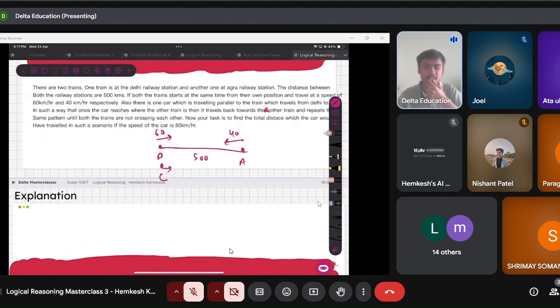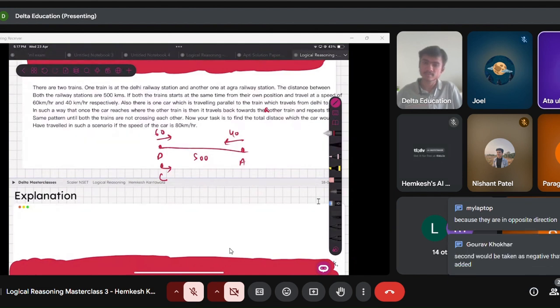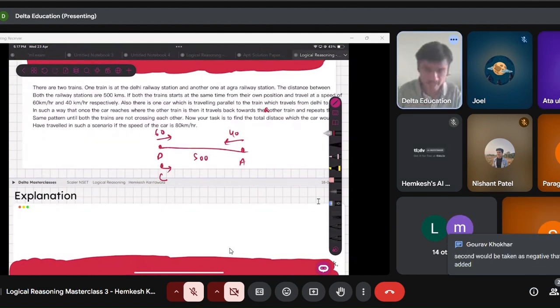What's the formula for relative velocity? They are in opposite direction. So if we assume one side of velocity to be positive, the other side is negative. Basically, 60 minus on the other side is negative, so that is minus 40. So minus minus becomes plus. 60 plus 40 is 100. Yeah, great. You are absolutely correct.